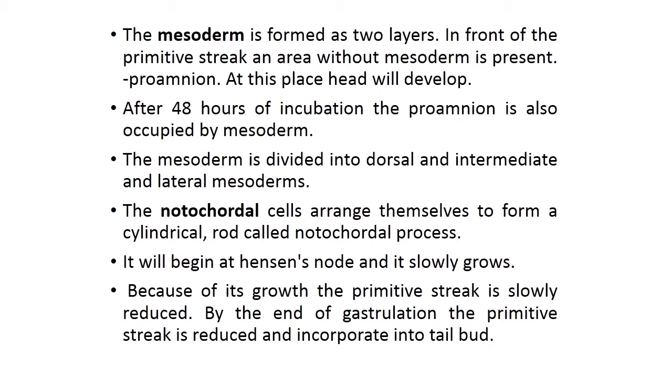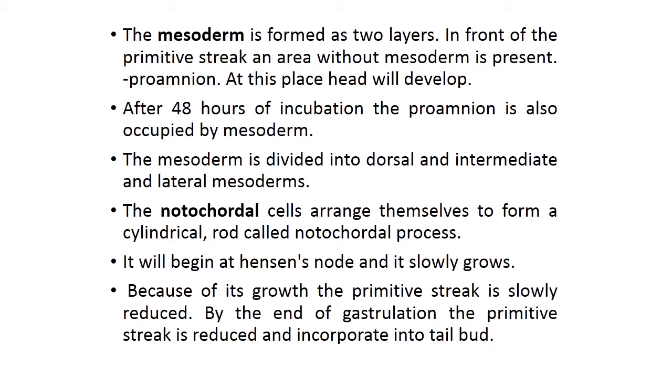Because of the growth of the notochordal process, the primitive streak becomes reduced, and by the end of gastrulation it is incorporated into the tail bud. They form the tail bud of the embryo.